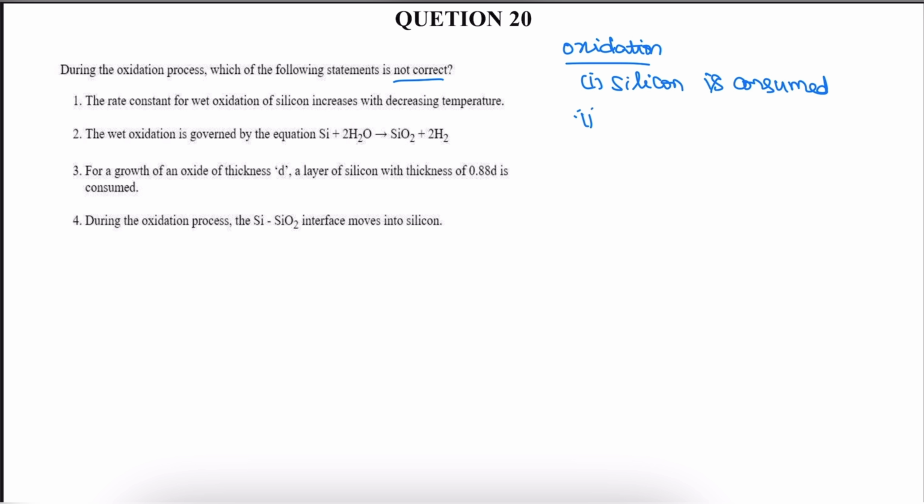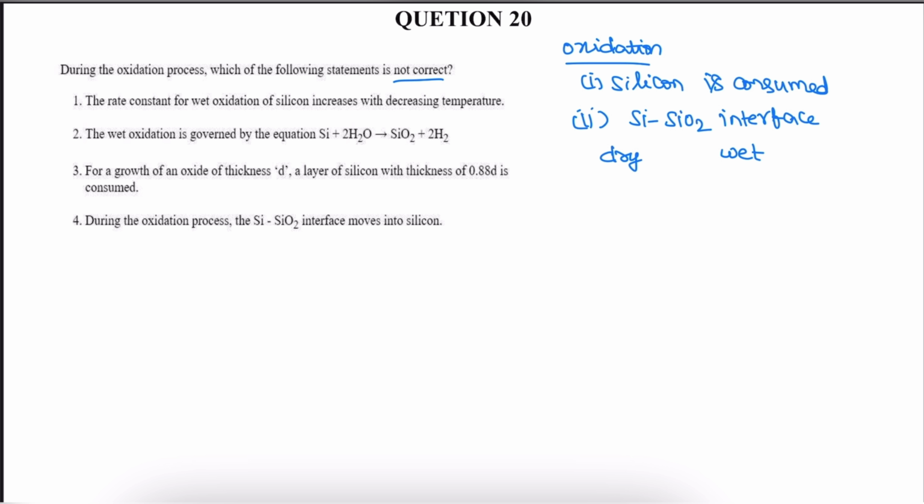Oxidation occurs at the Si-SiO2 interface, not at the top of the oxide. Oxidation does not occur on the top of oxide. Next, it is of two types: dry oxidation and wet oxidation.